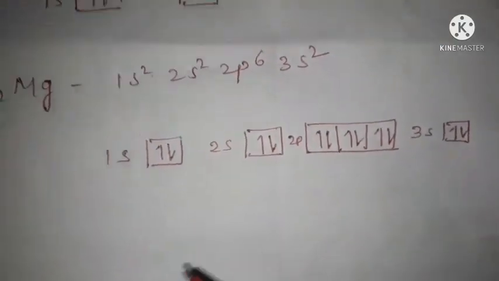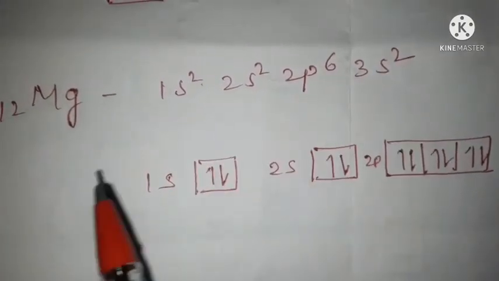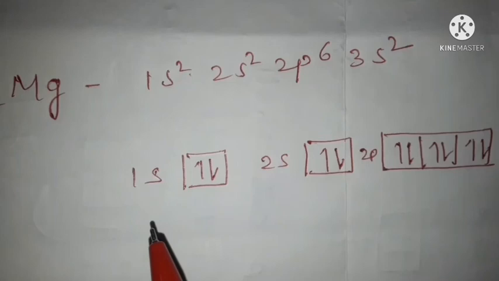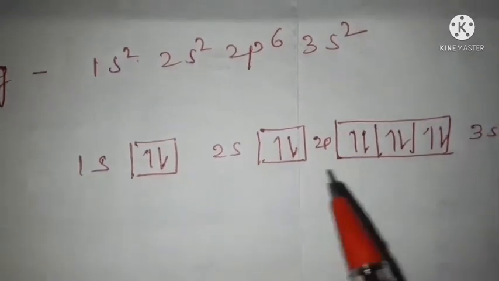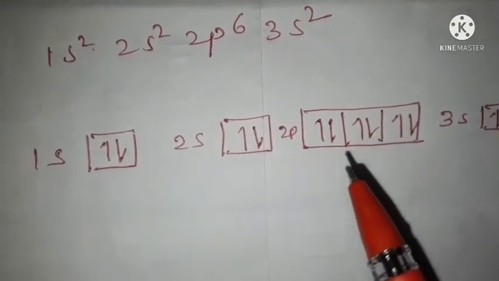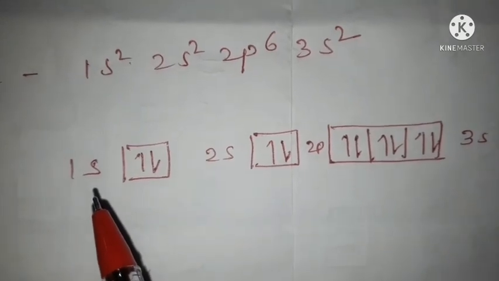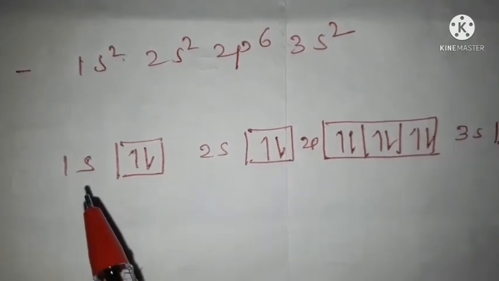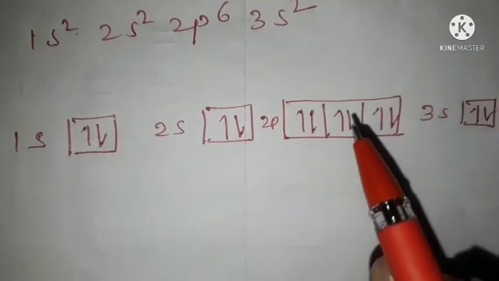In this way we write the electronic configuration of any element and we fill subcells one by one, but we have to remember that a maximum of only 2 electrons can be filled in the S subcell and only 6 electrons in the P subcell.